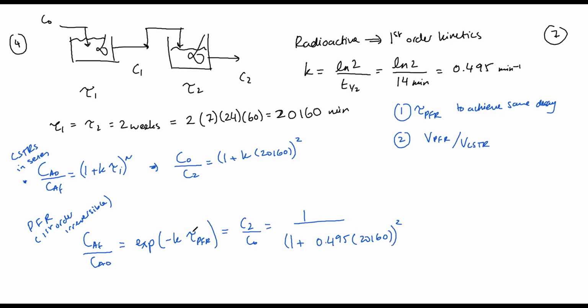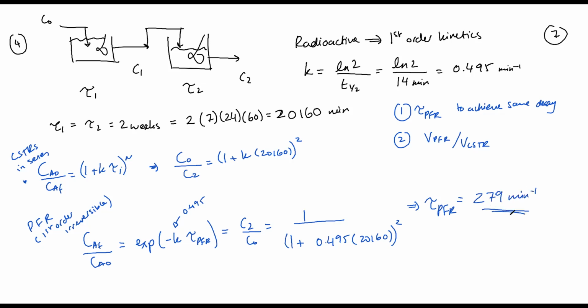So now I can solve for tau, because I know K in this case is 0.495. Just take ln both sides, do some math, and you're going to get tau PFR to be equal to 279 minutes minus 1.